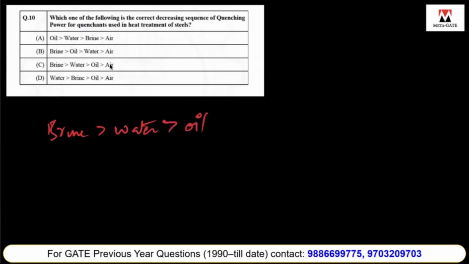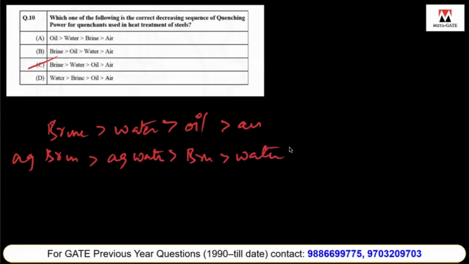So brine, water, oil is a sequence which is greater than air. But if you see the agitated conditions, agitated brine has more than agitated water. Then comes brine and then water. Then agitated oil, then oil, air, etc.